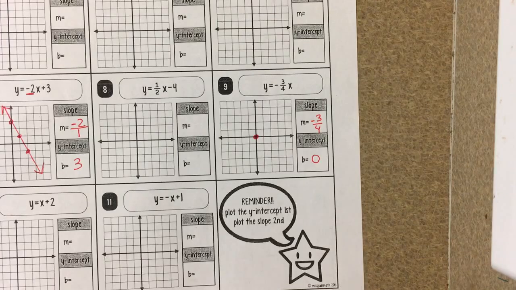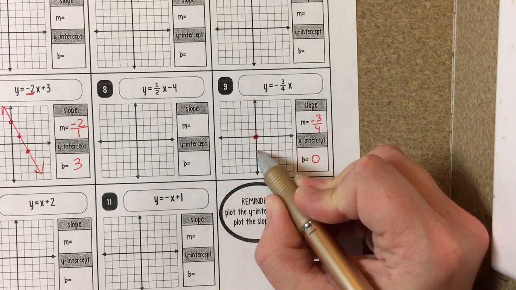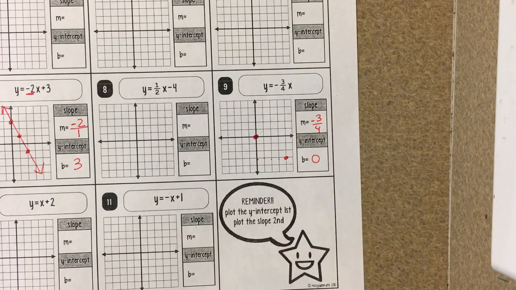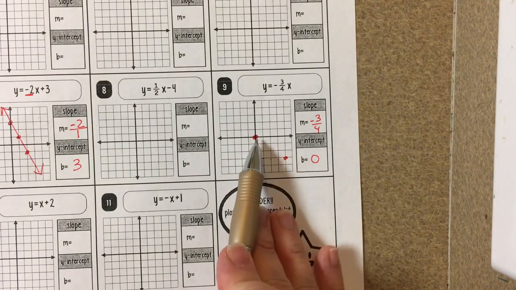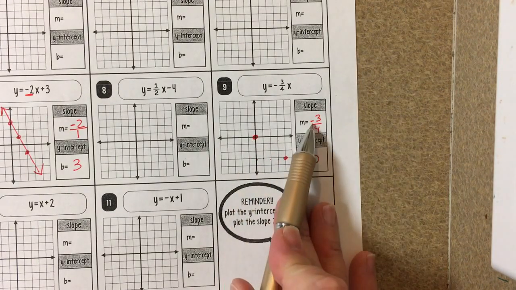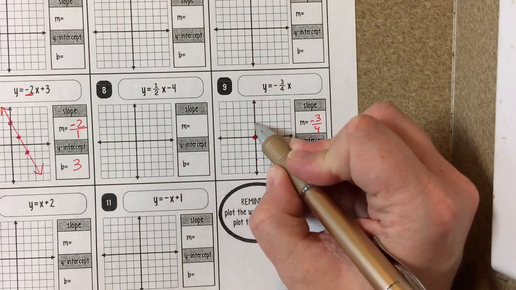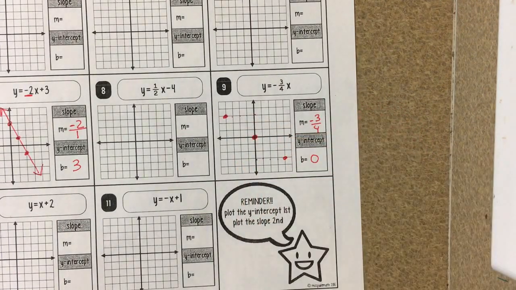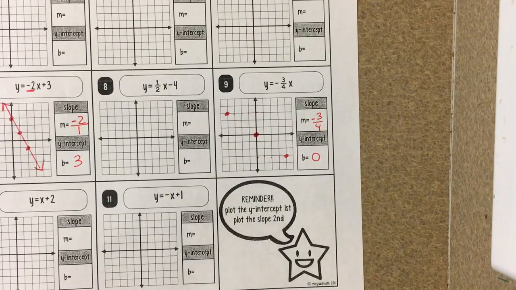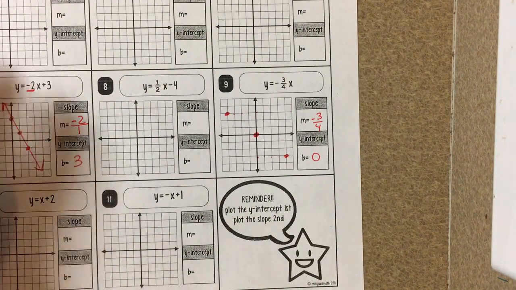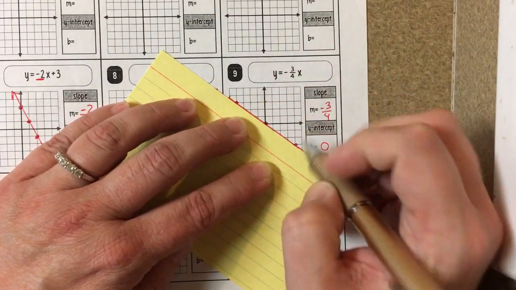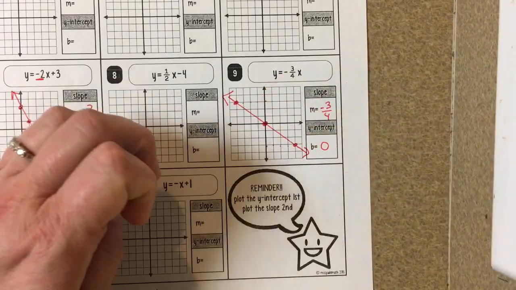Because it's negative, I'm going to go down 3, 1, 2, 3, and to the right 4, 1, 2, 3, 4. Okay, but I need to put another point in there so I can go the opposite direction. All right, and I can go up 3, 1, 2, 3, and to the left 4, 1, 2, 3, 4. Okay, and that's how I would get my 3 points. And I would draw my line and put my arrows on.